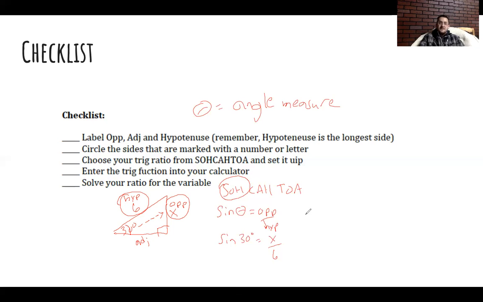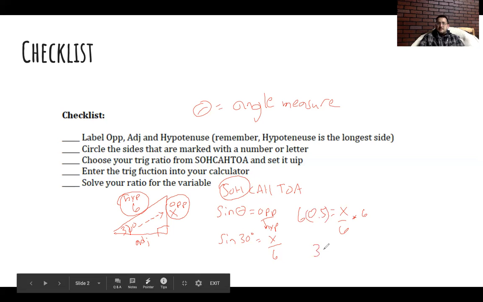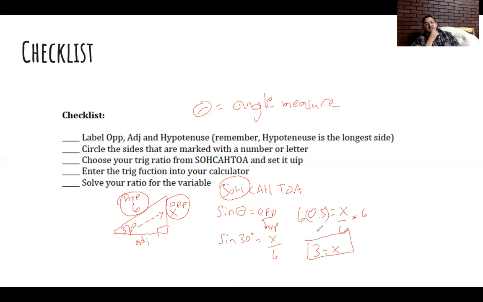So that is 0.5 equals X over 6. Multiply by 6, and you'll get that X is equal to 3. So we just solve for that ratio and variable.